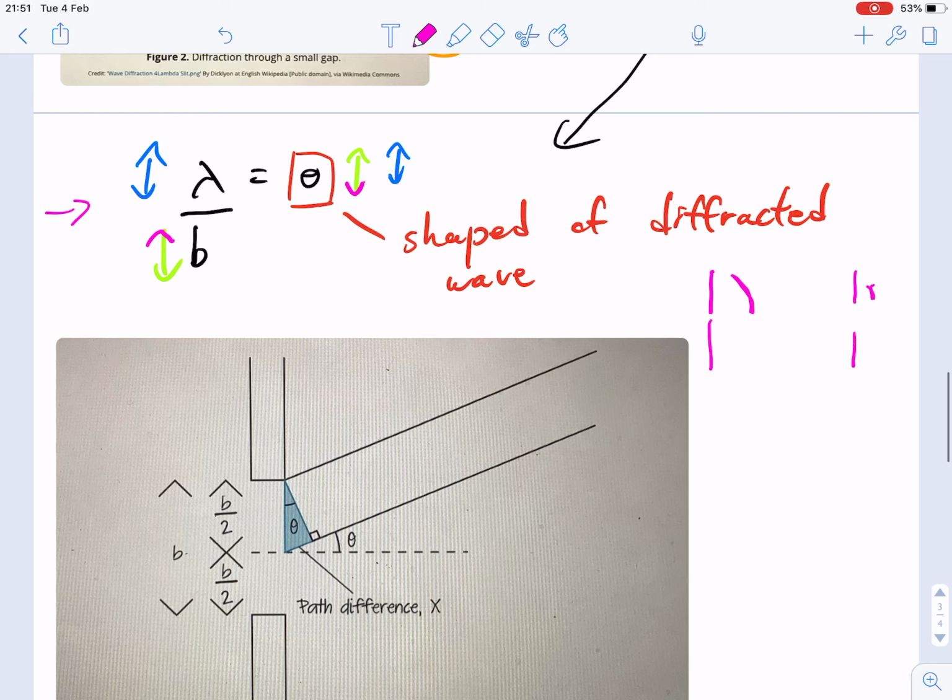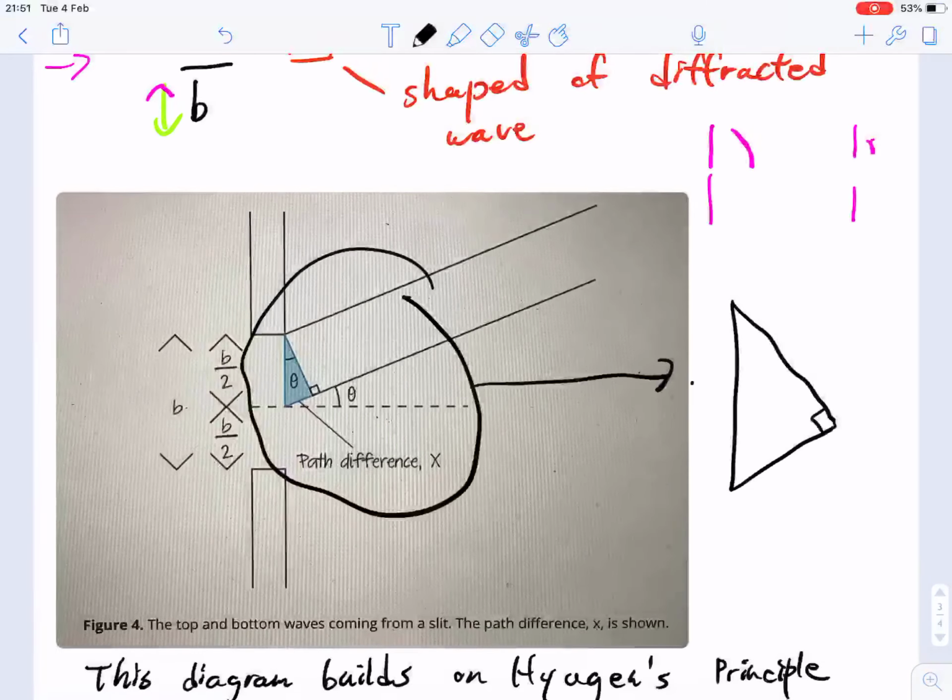Okay, now I'm going to blow this piece up over here, and I'm just going to redraw this right angle triangle. This is quite similar to the inclined plane stuff that we looked at back with forces. So I'm going to label this in terms of the trigonometric information.